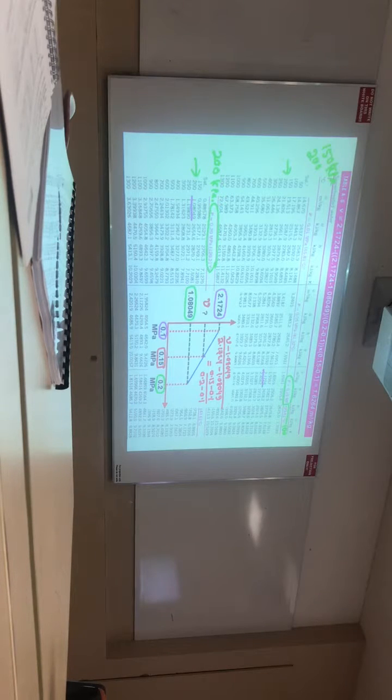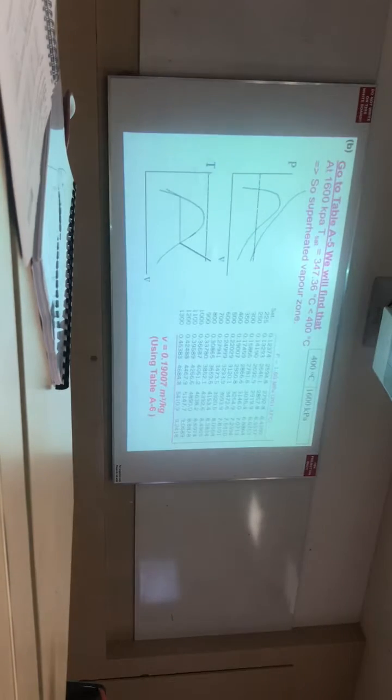So I am going to the next question. Next question is given 400 degrees Celsius and 1600 kilopascal. So, if you draw a PV diagram, this one indicates 400 degrees Celsius.